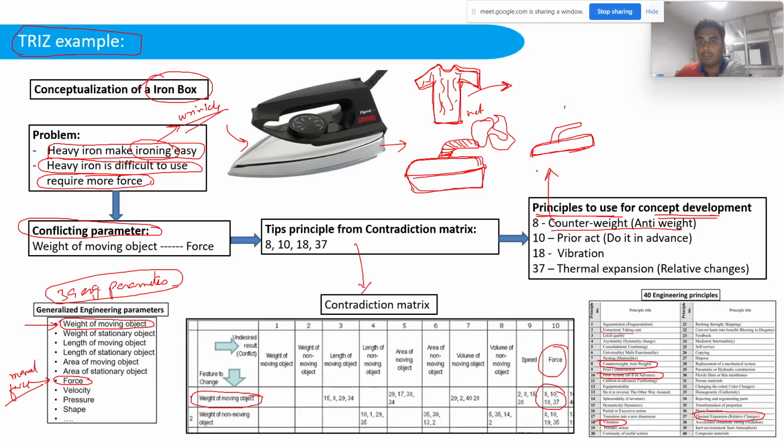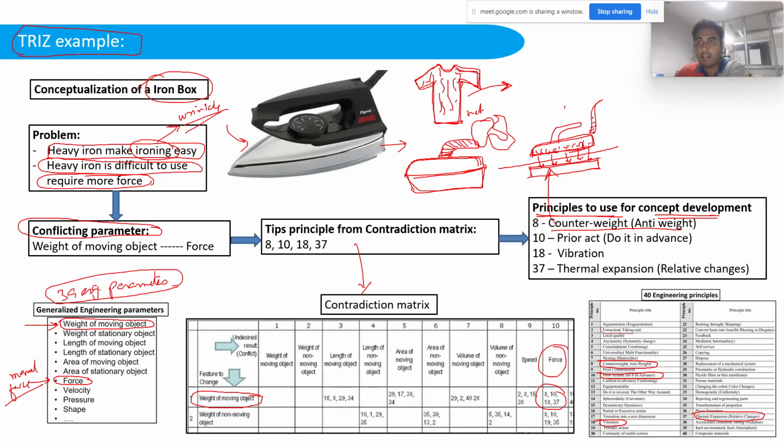Probably you can think about some sort of magnets or some metal below, and in between you put your cloth, and as the electricity goes inside, this thing becomes magnetic. Because of this magnetic force, you feel it is heavy although it's lightweight.